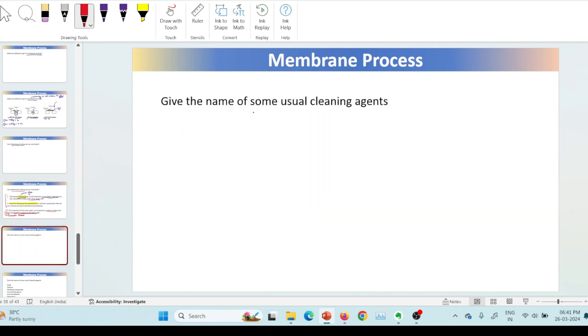Give some names of usual cleaning agents for membrane fouling.